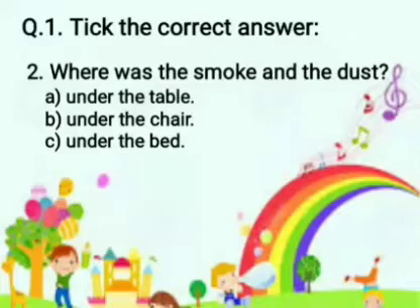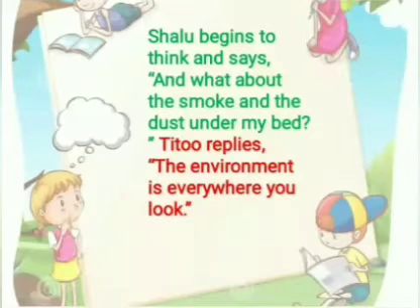The next part of the question is, where was the smoke and dust? The smoke and dust was under the table, under the chair, or under the bed. To look for the answer, we'll again go back to the passage and read these lines where smoke and dust is written. The lines here are like this.